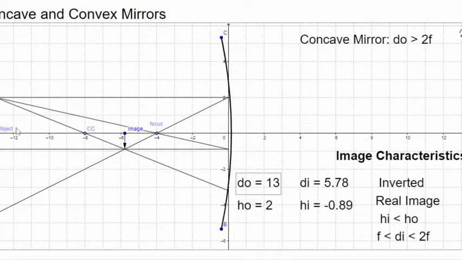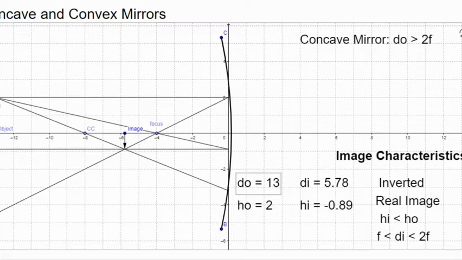And the image that is formed of this object by this concave mirror is located between the center of curvature and the focal point. Now that's always going to be true. As you'll see when I start to move this object in just a moment, if the object is out past the center of curvature, anywhere beyond this point, then the image will be located somewhere between the focal point and the center of curvature.